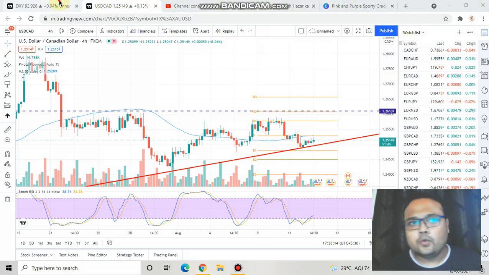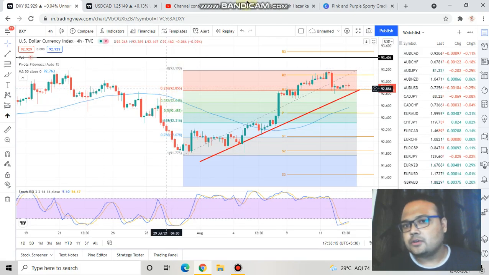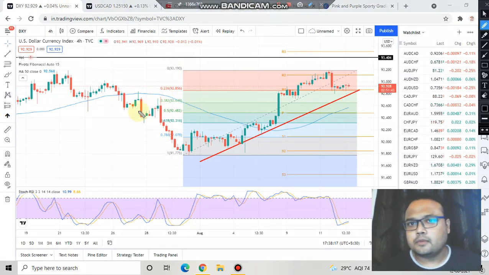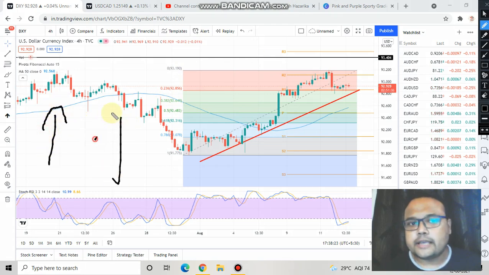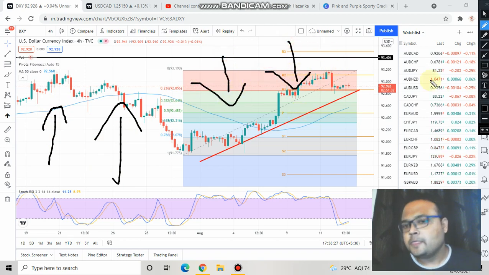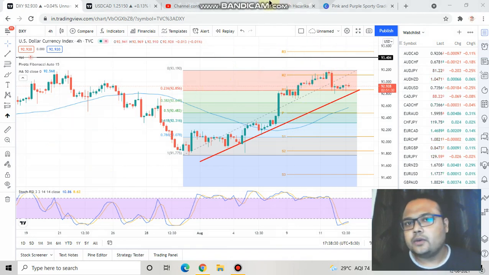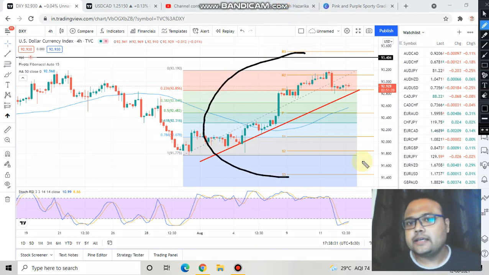And if you check the DXY chart also, and as we all know, DXY chart is directly related to the USD CAD chart. It means that whenever US dollar goes up, USD CAD also goes up. If dollar goes down, USD CAD also goes down. If you look at the chart of DXY US dollar here, then you can clearly see that DXY is in an uptrend.